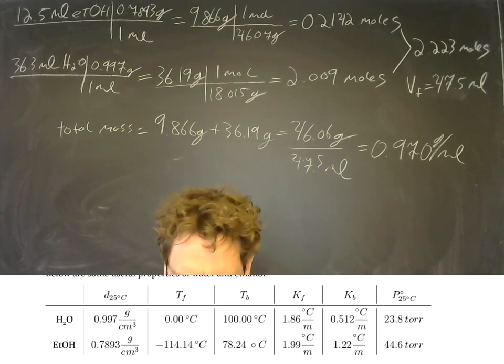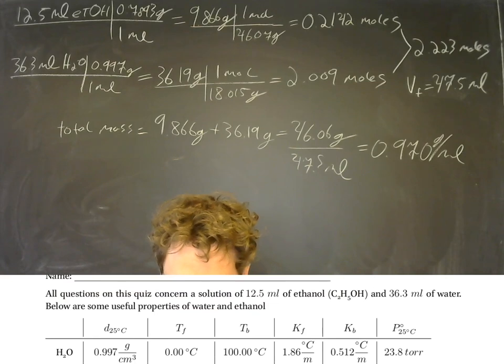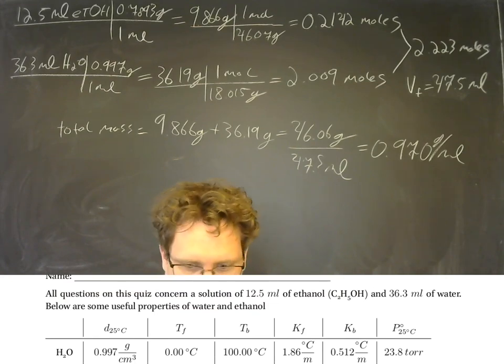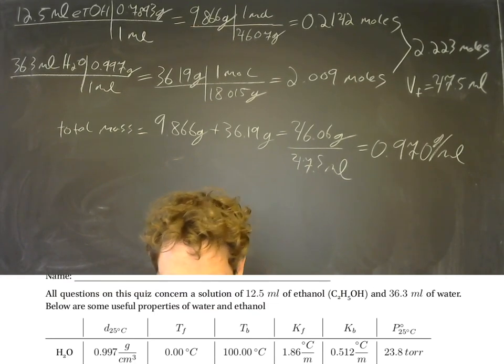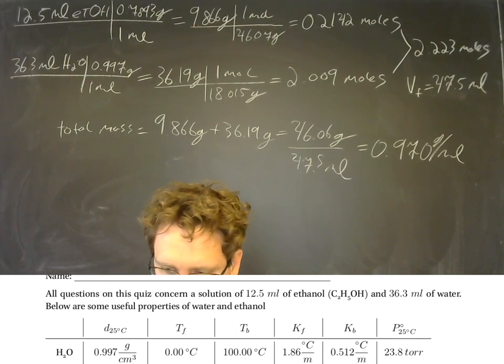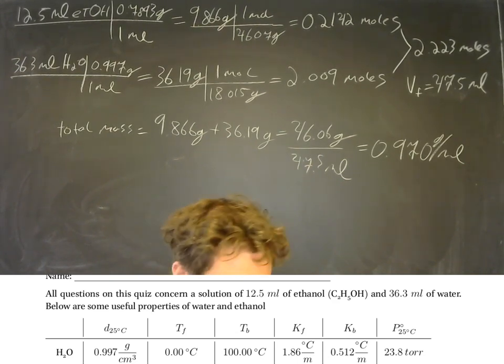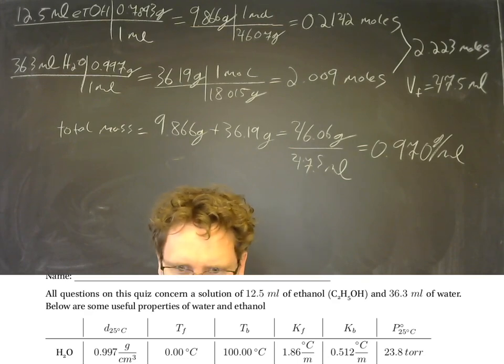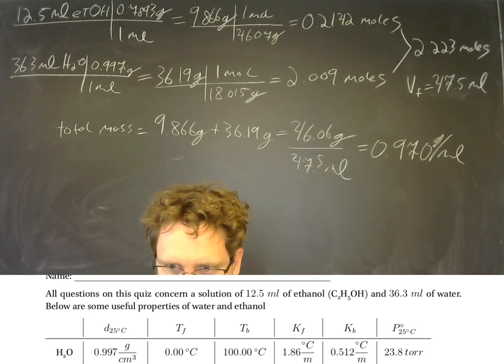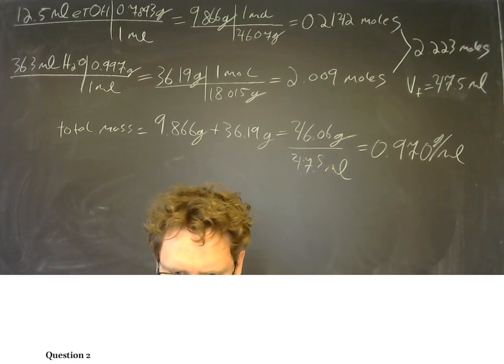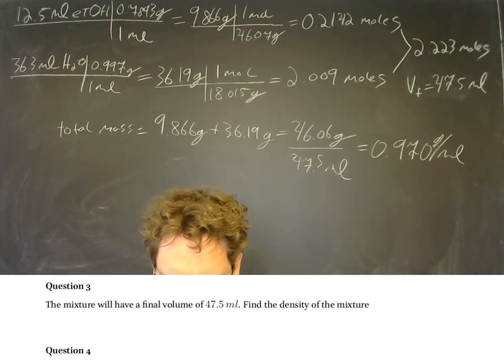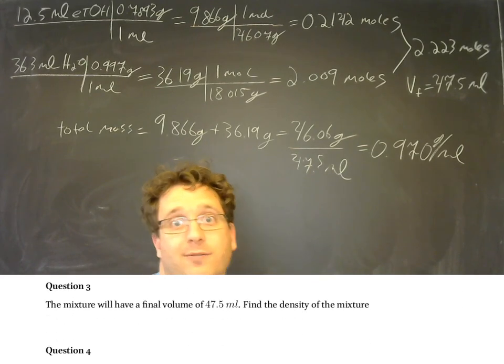If we go back to the original 12.5 milliliters plus 36.3 milliliters, sorry, I'm actually adding those up right now, that should be 48.8 milliliters of total volume. But 48.8 is not what we observe. We observe 47.5 milliliters.